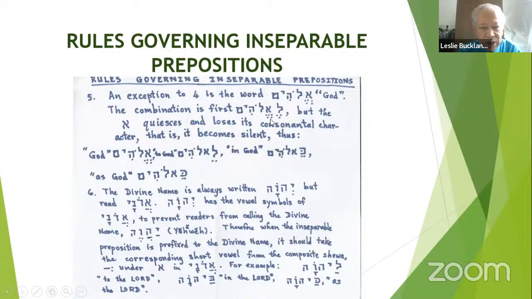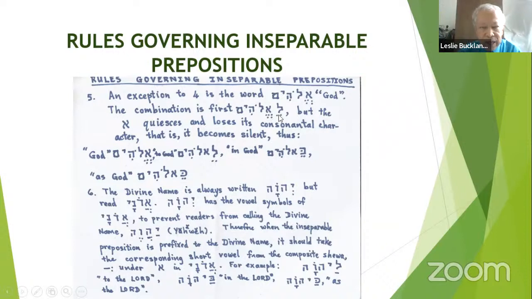So instead of having the segol, the short e sound is lengthened to sire, the long e sound. This is changed because the composite shua drops out. The aleph is not pronounced. This is a quiescent letter, so everything connected with it disappears, leaving le lohim, but this has to be adjusted because of the silencing of aleph and the silencing of the composite shua.